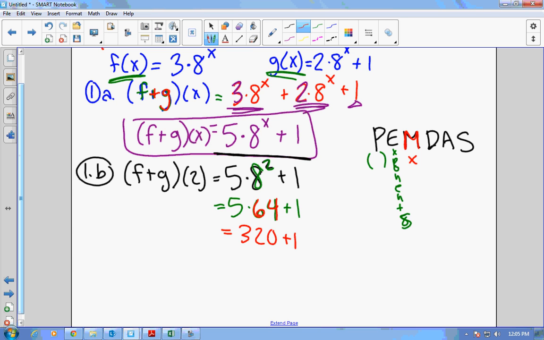Now, do we have any division? Do we have any addition? Yes, 320 plus 1 tells us that f plus g evaluated at 2 equals 321.